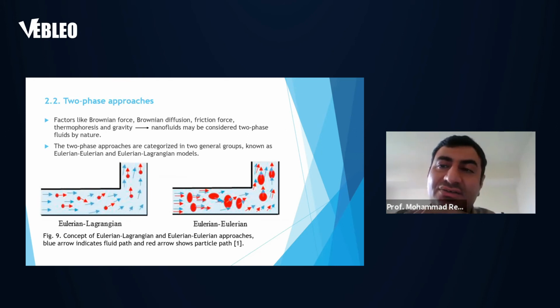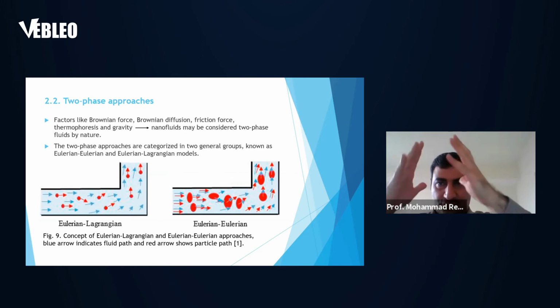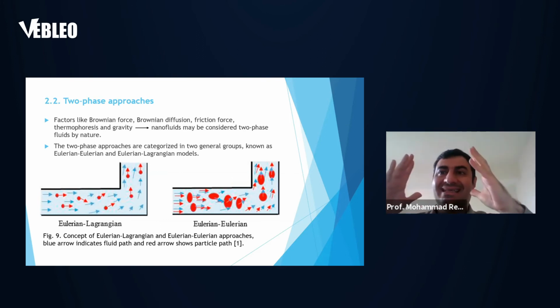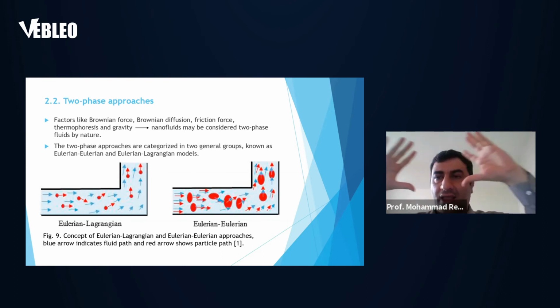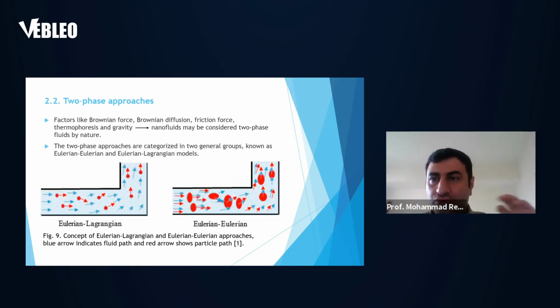If I want to give you a brief idea about it, for example, we have a fluid and we have some particles, okay? You can consider that there is a single continuum medium, meaning they go together. It means that, for example, particles have settled on the molecules of the fluid and go together.